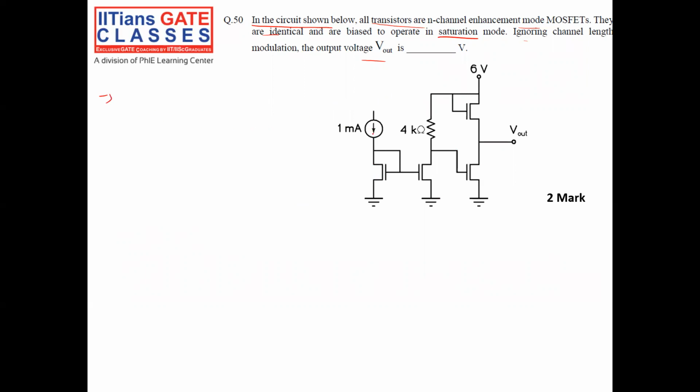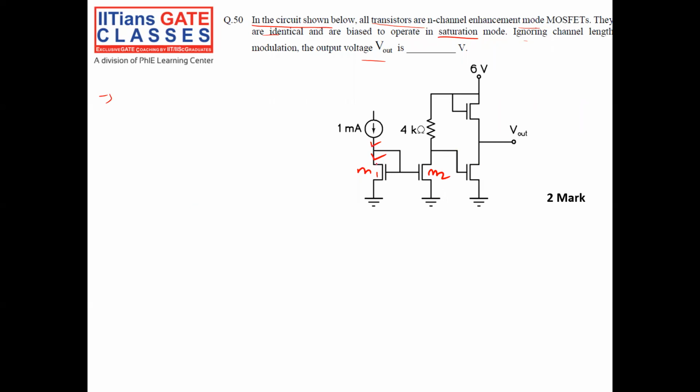Since 1 milliampere is flowing here, the same current will flow here. And suppose this is M1 and M2.